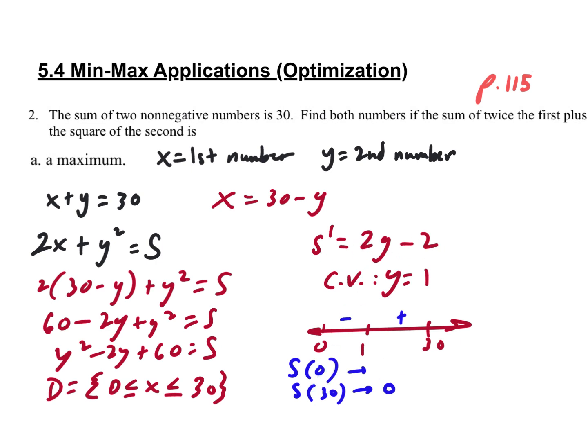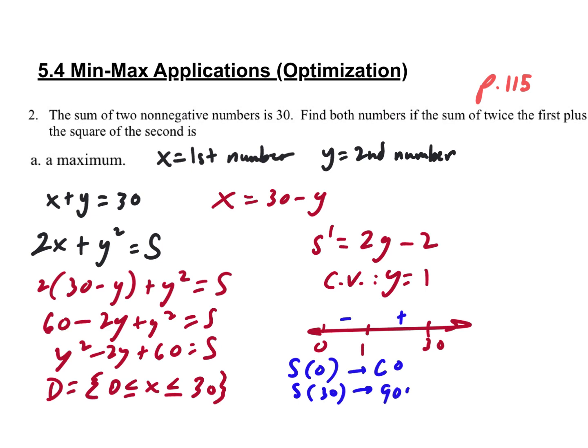So if y is 0, then x is 30, because of 0 plus 30. So then this would be 60. And if y is 30 and x is 0, we're still at 900.